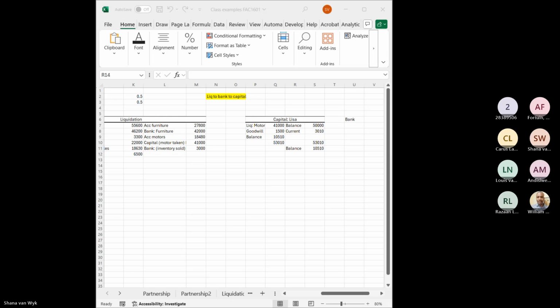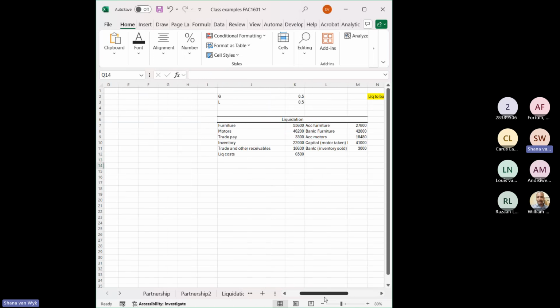Okay, that's a good explanation. Yes, that makes sense. I usually try to debit, credit, but when you think about it logically, then it should also make sense. Capital.